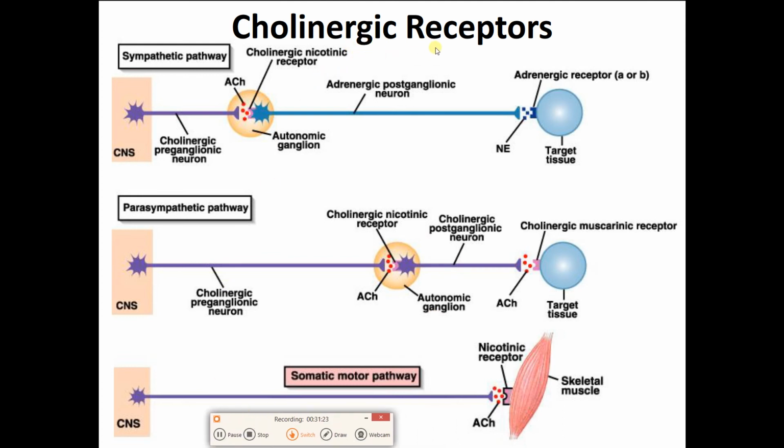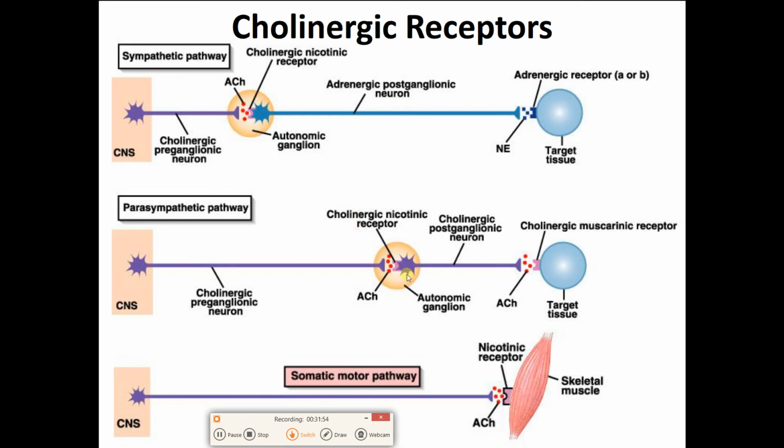And everywhere I release acetylcholine, I am going to find cholinergic receptors on the neighboring neuron or effector. So in my sympathetic pathway, first neuron releases acetylcholine, I'm going to have cholinergic receptors on that second neuron. In my parasympathetic pathway, first neuron releases acetylcholine, I'm going to have cholinergic receptors on that second neuron.